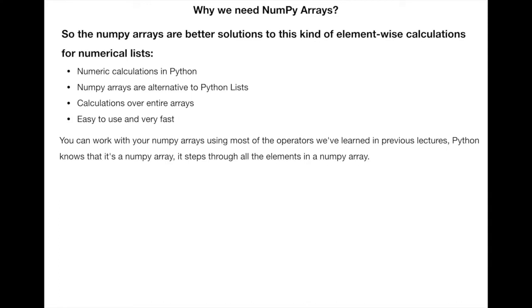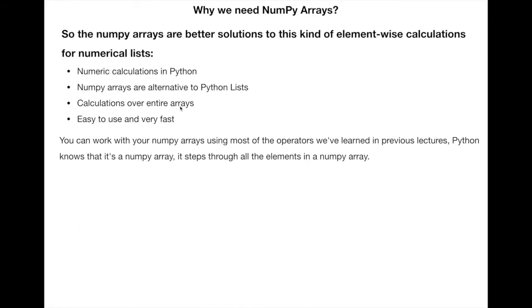NumPy arrays are good for numerical calculations in Python and are an alternative to Python lists, with calculations over entire arrays. They're really easy to use, and they're extremely fast because they're optimized in a very low-level programming language.